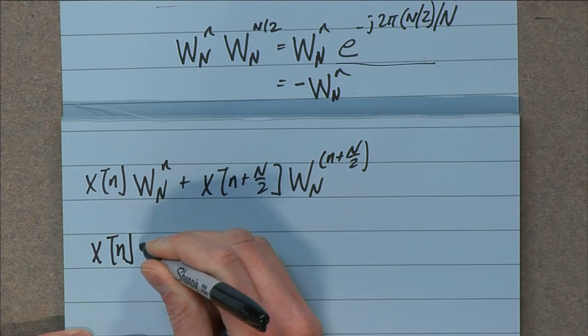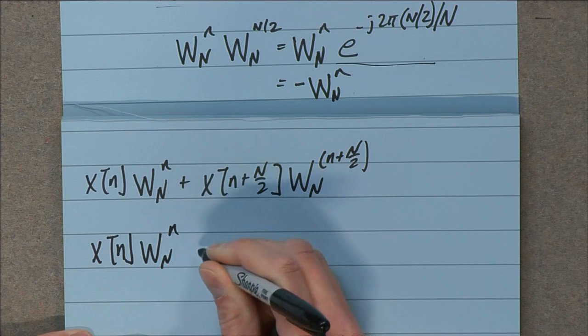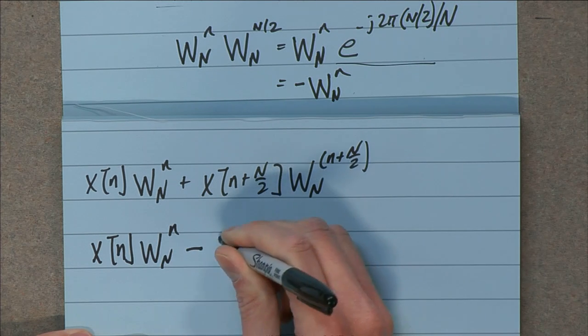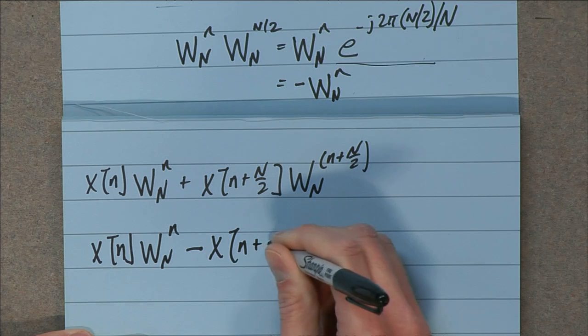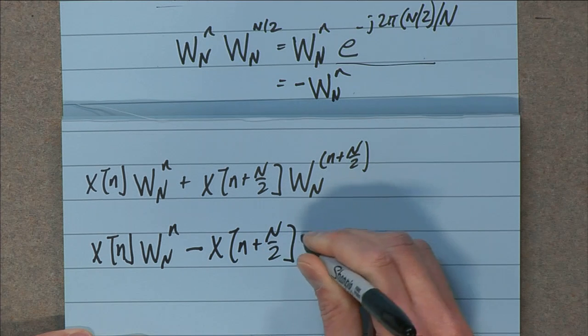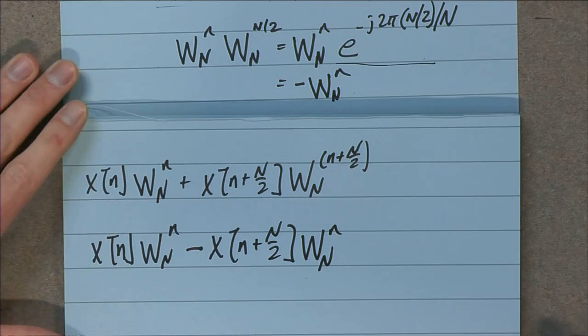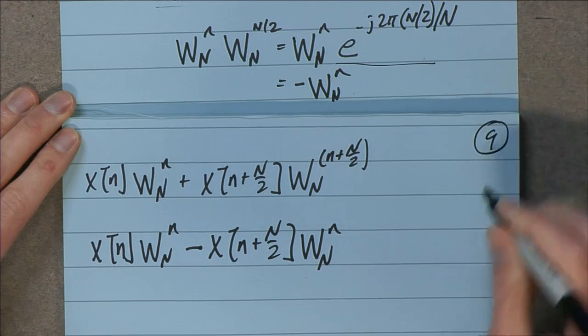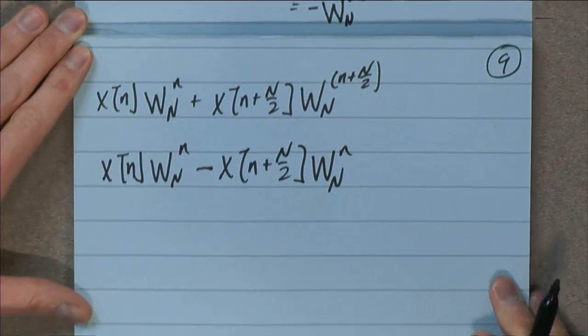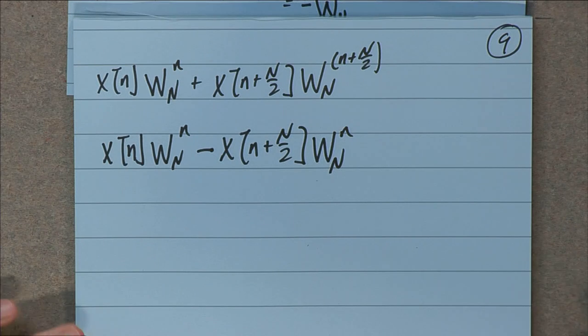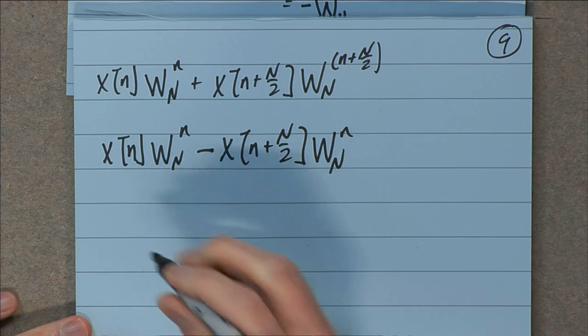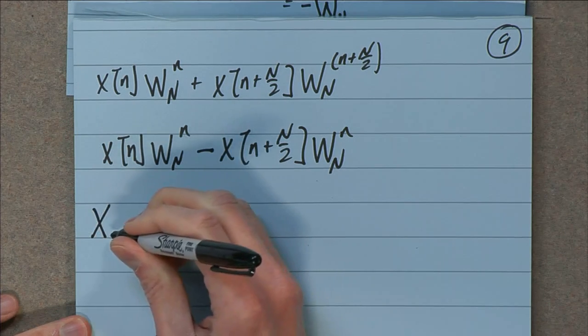So we said that is the same as minus x of n plus N over 2 through the simplification.